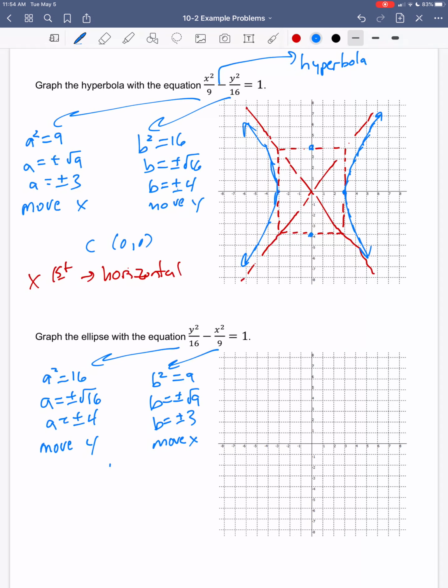Again, I start at the center, 0, 0. So we move 4 in the y direction and 3 in the x direction. What's interesting here is I'm ending up with the same rectangle that we had up above. This is exactly the same rectangle. I draw the corners, and I draw the diagonals through the corners and the center.